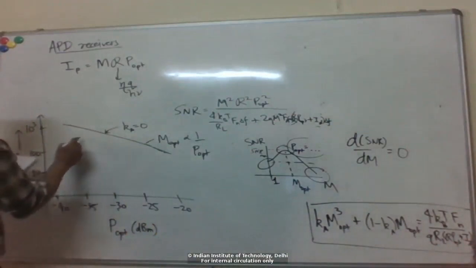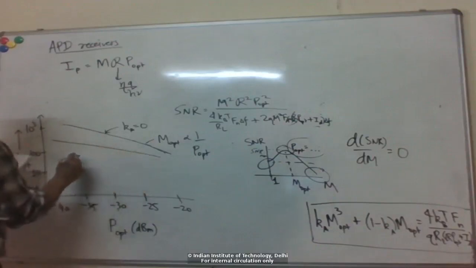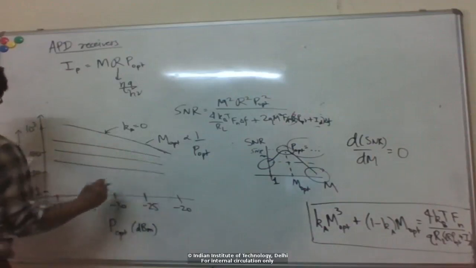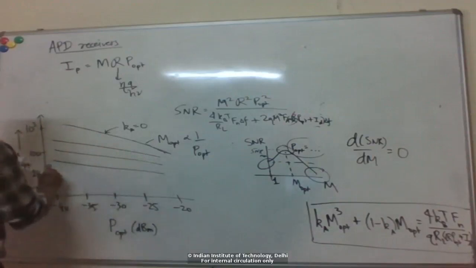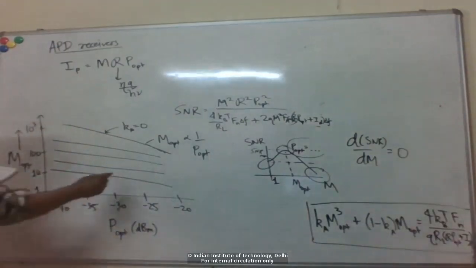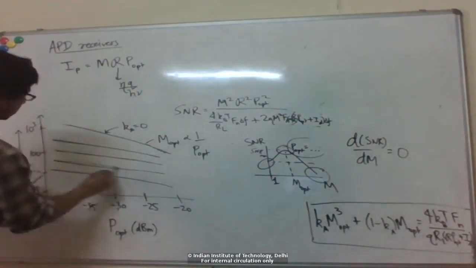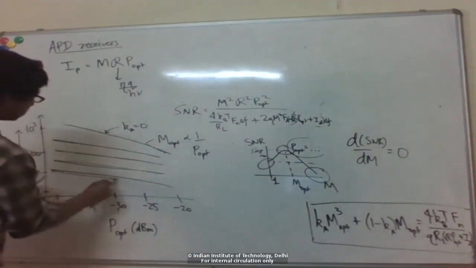As I increase Ka now, the optimum gain goes down, and also the slope is going down.